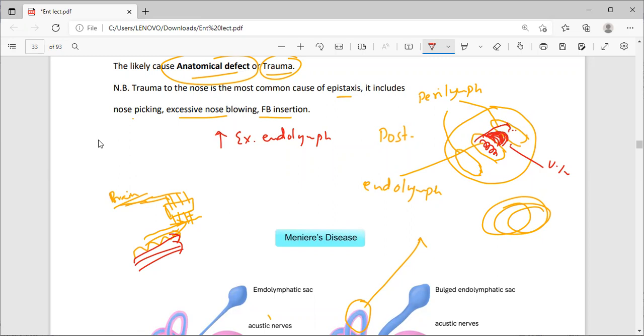So the end result is that you get a lot of excessive fluid in the semicircular canals, which is called endolymph. Excessive fluid can result in three things, called DVT. One is deafness, the other is vertigo, and the third is tinnitus.